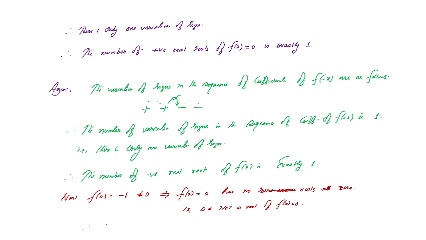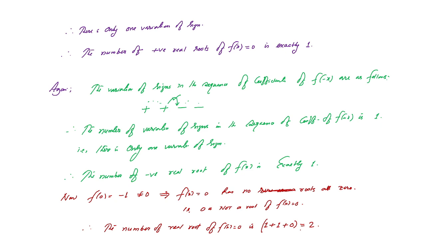So thus we conclude the number of real roots of f(x) equals 0: the number of positive roots is 1, the number of negative roots is 1, and 0 is not a root. So the total number of real roots is 2.